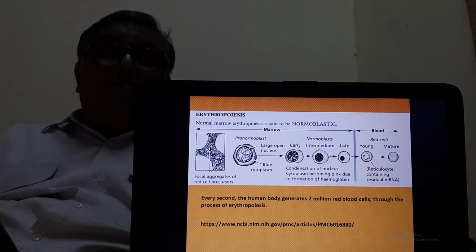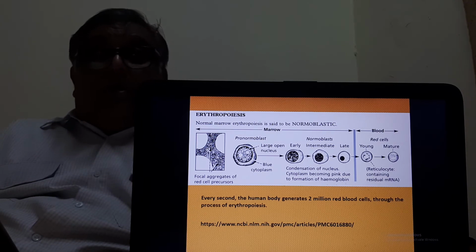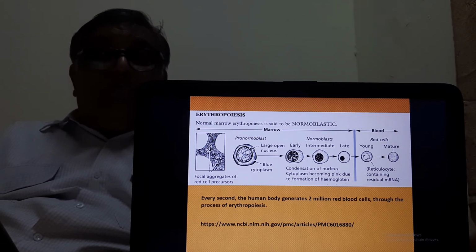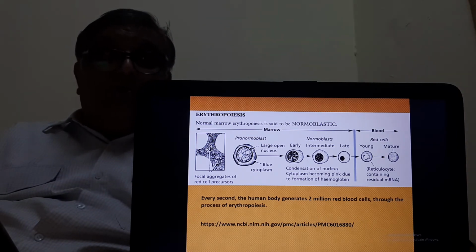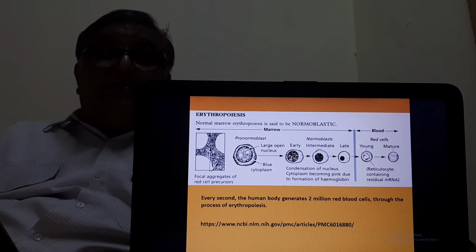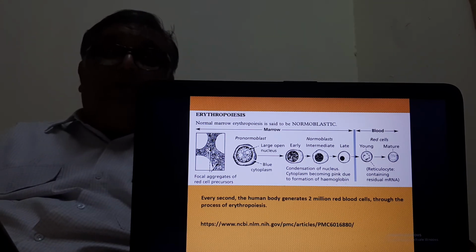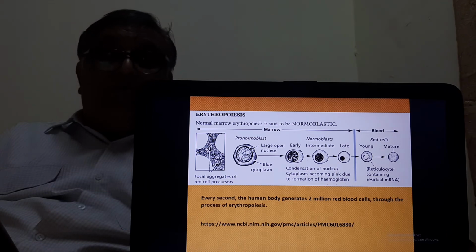It is called a reticulocyte because it has no nucleus but very few nuclear remnants, and these remnants stain in a reticular pattern with supravital stains.